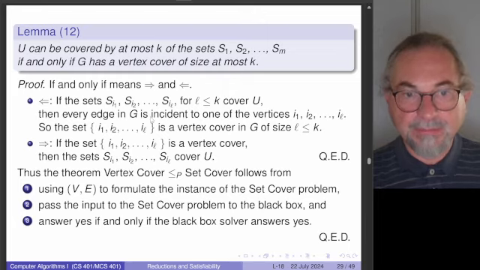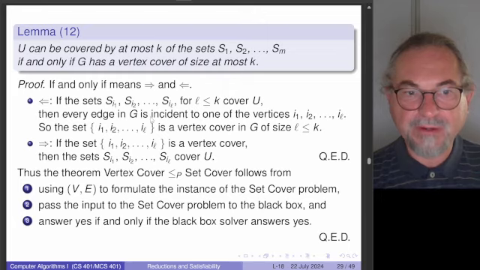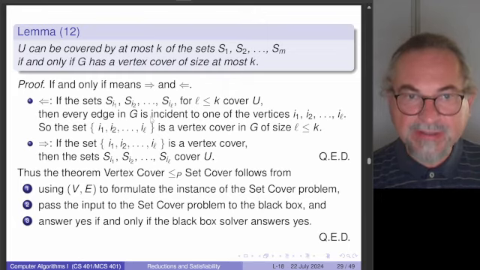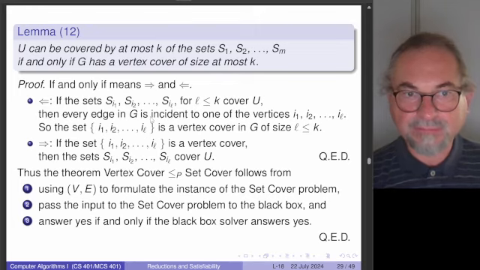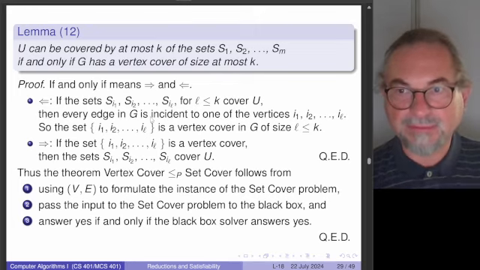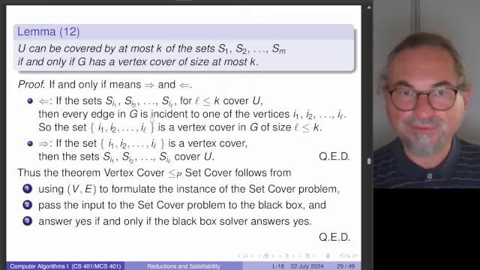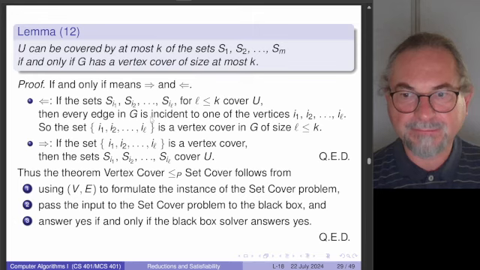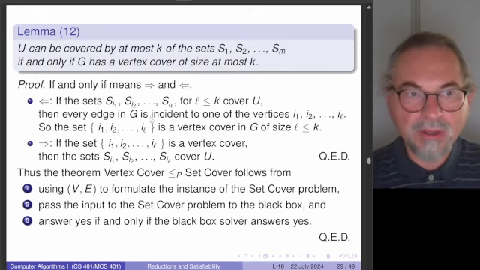Then we call the black box solver for the set cover. If there is a solution, the black box solver will also produce all the sets. If that answer is yes, then we have also answered the vertex cover.